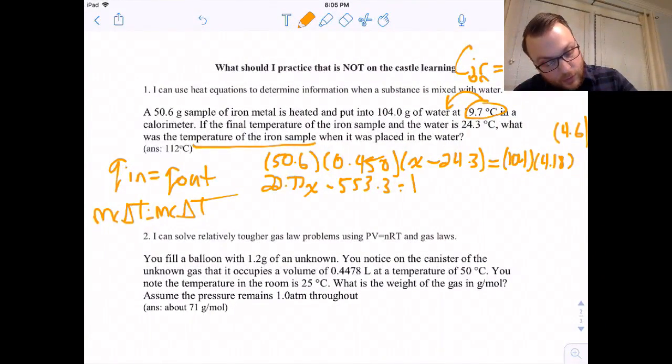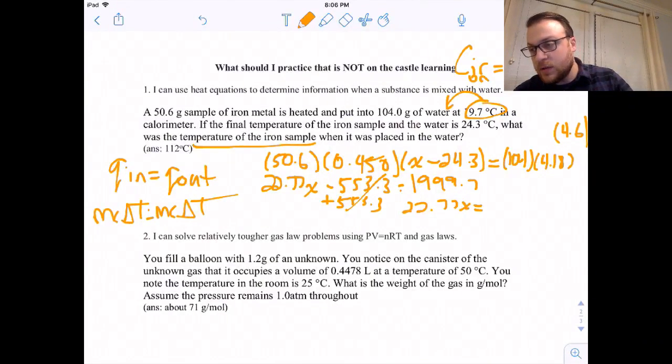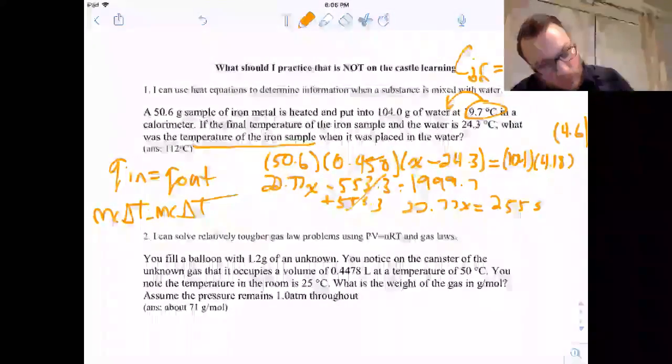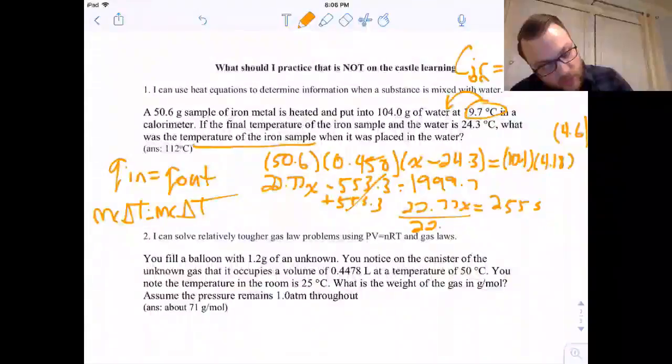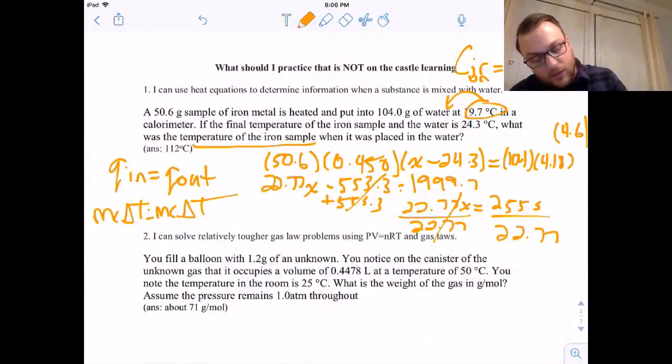So you're going to get about 1999.7. Add 553.3 to both sides, and you'll get 22.77x equals 2553. Divide both sides by 22.77, and you'll get a temperature of about 112, which was our answer.